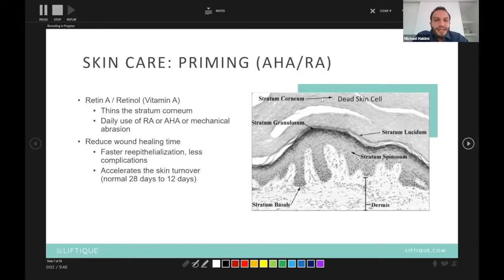Now, almost everyone needs to be on some sort of retin-A, retinol, right? Or alpha hydroxy acid. We covered what they do. They thin out this top layer. And by removing this, they also stimulate your skin stem cells to make new skin faster.